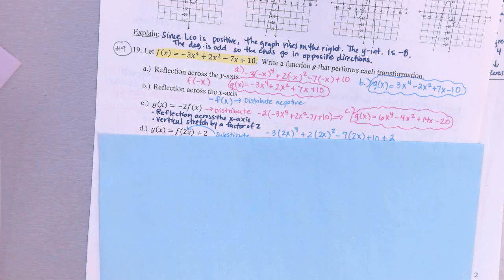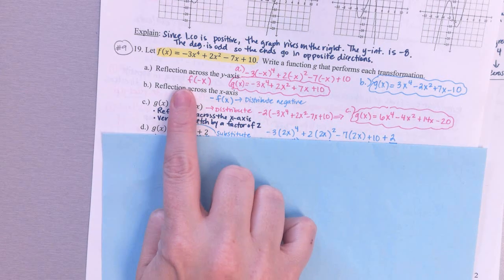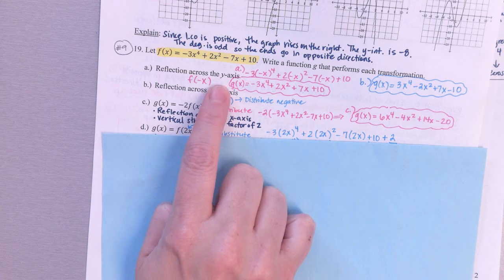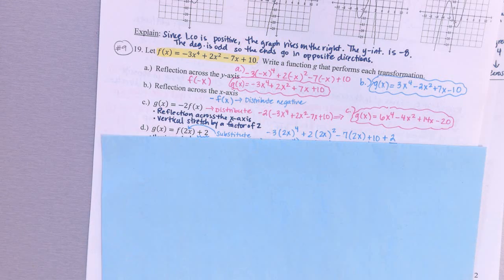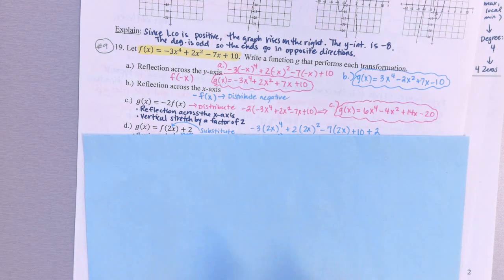Something that you might want to write on your note card are those function rules. Do you know that if it's a reflection across the y, you're plugging it inside? Is all you need to put f of negative x is the reflection across the y, or do you need a full example? You decide what you need assistance on. Customize your note card.